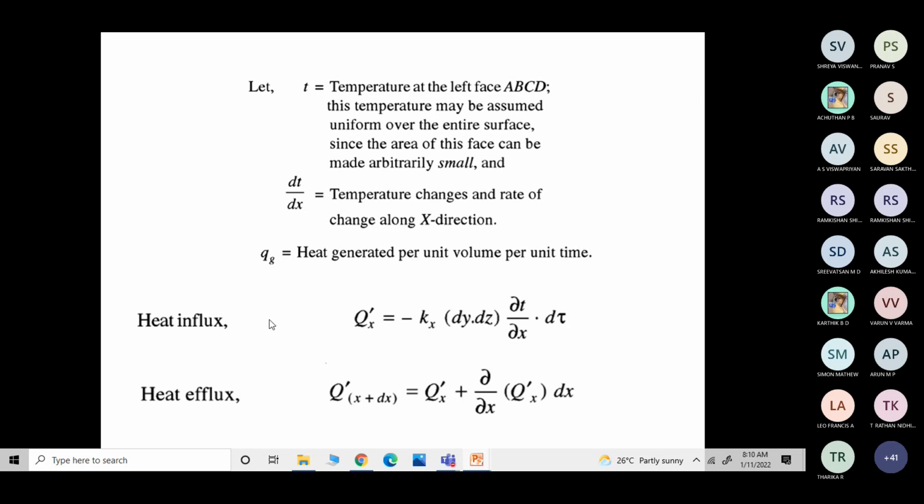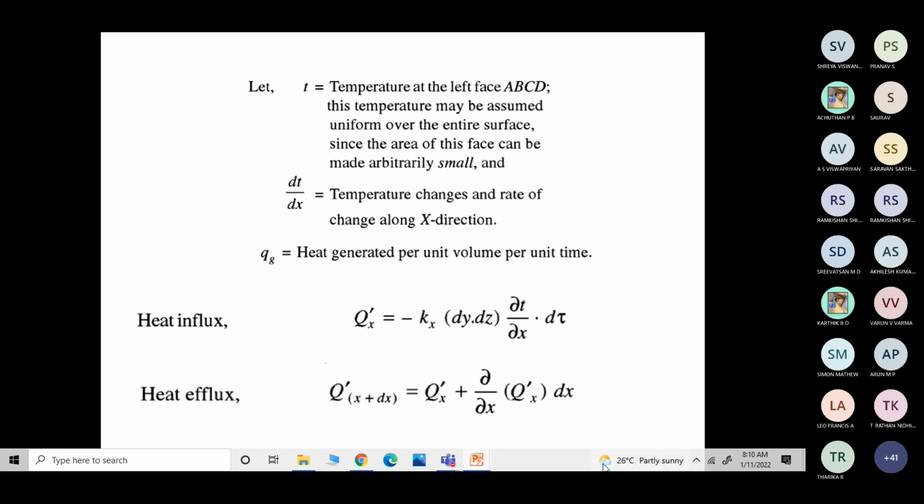We know that the heat flux is minus k into dT by dx, and since it is heat flux, the area is in meter squared and heat flux is in watt per meter squared.